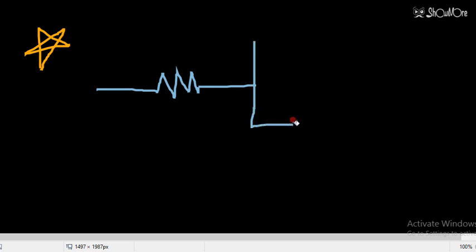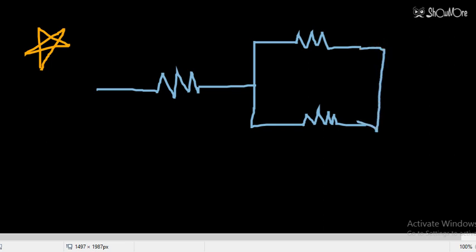So this is the circuit given to me. You have to find the resistance between point A and point B. This question is asked in the pre-board exam also. Okay, so now you have to try this question. We are starting with very easy questions. After that we will move to some good questions also.